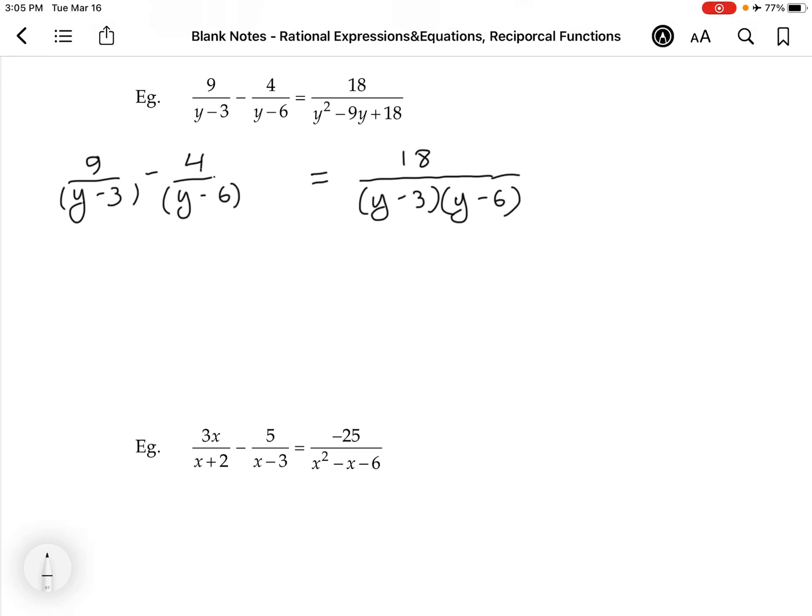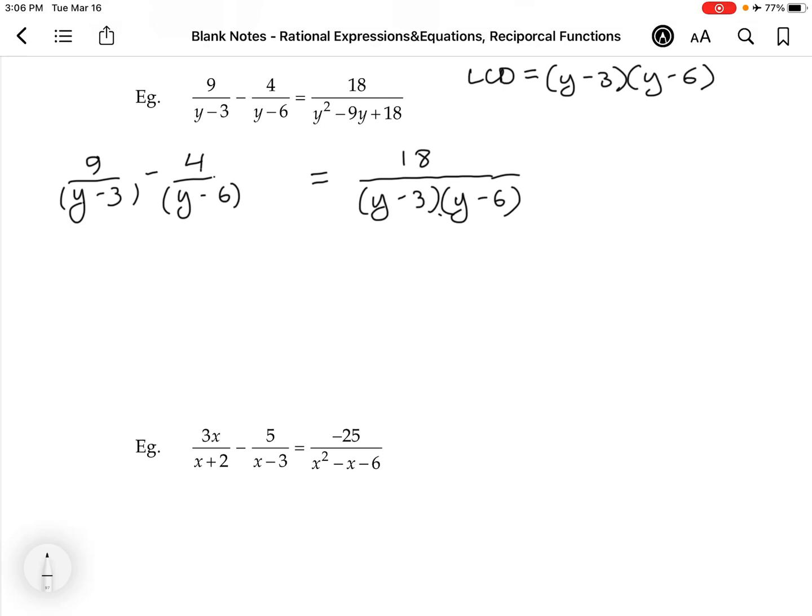Okay, so my LCD is, I have to have at least the y minus 3 times the y minus 6 from the denominator on the right. But then if I check each of the denominators on the left, I've already got the factor of y minus 3, and I've already got the factor of y minus 6.